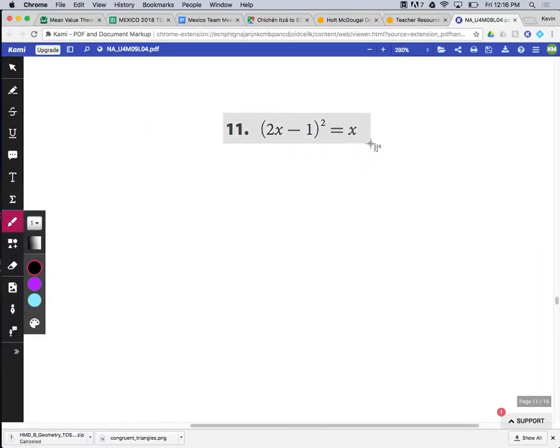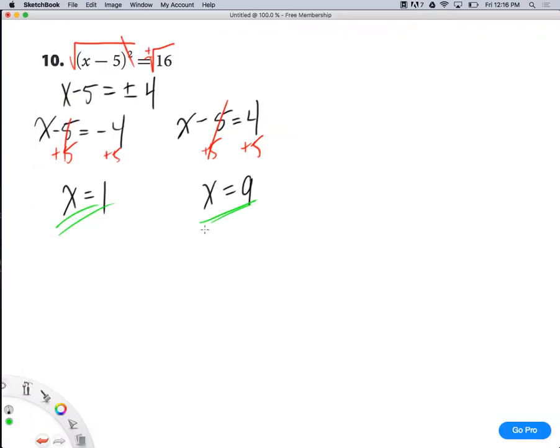And I'm glad that these questions were in sequence here because we can see the difference. Notice the difference between, what's the main difference between number 10 and 11? Who can point it out? Yes, sir? Well, the last number on number 10 is an actual number. Yeah. This one has a variable, right? X. Yeah, exactly.